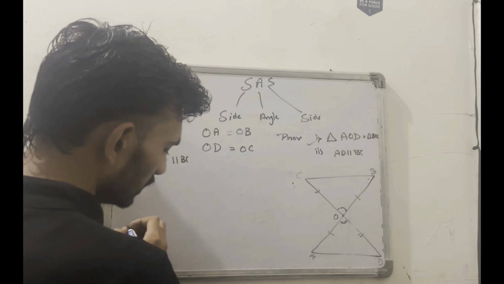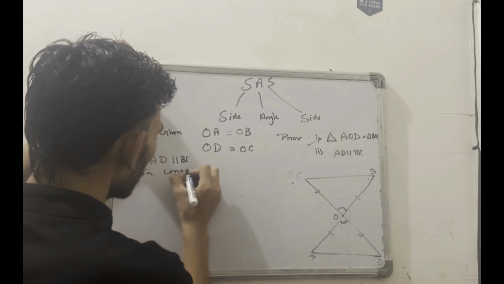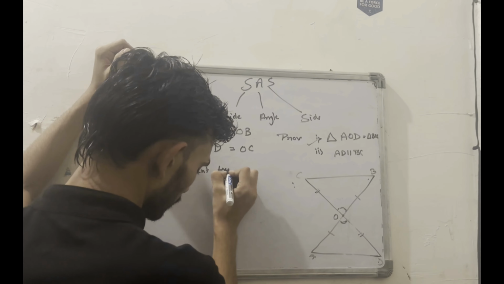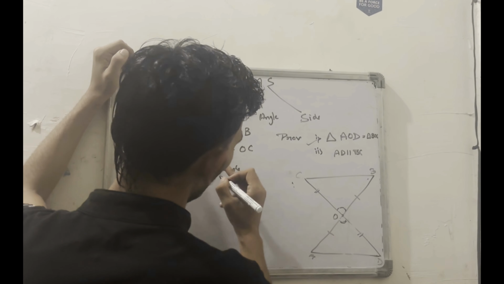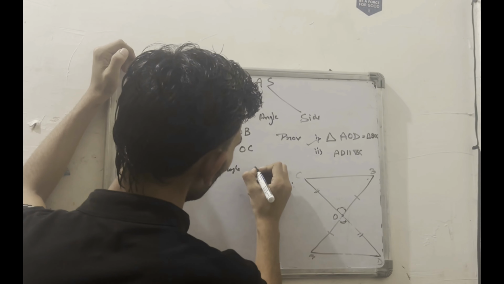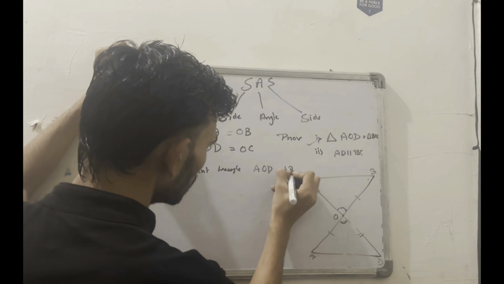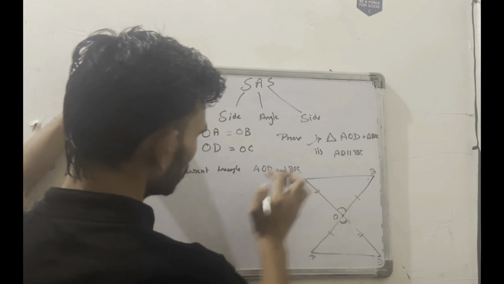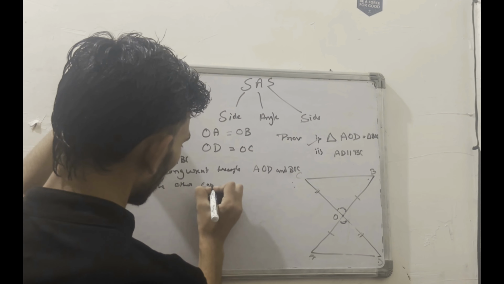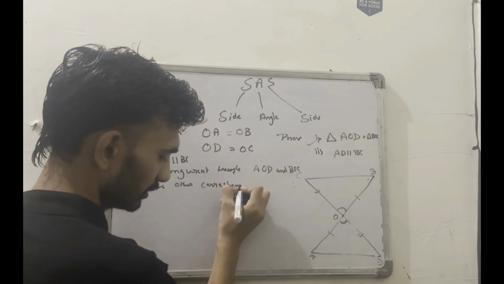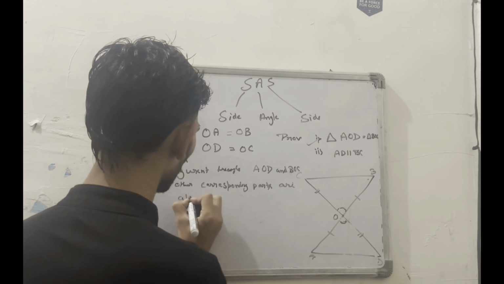Okay, for that one thing, as we see in congruent triangles, triangle AOD and BOC, the other corresponding parts are also equal.